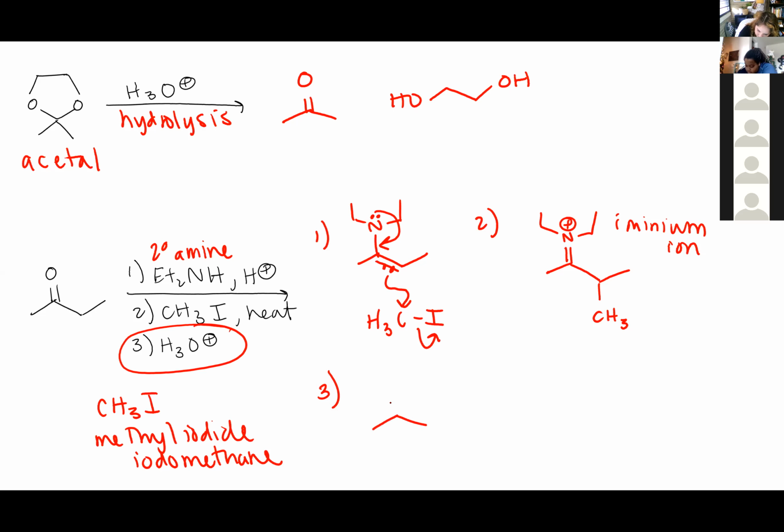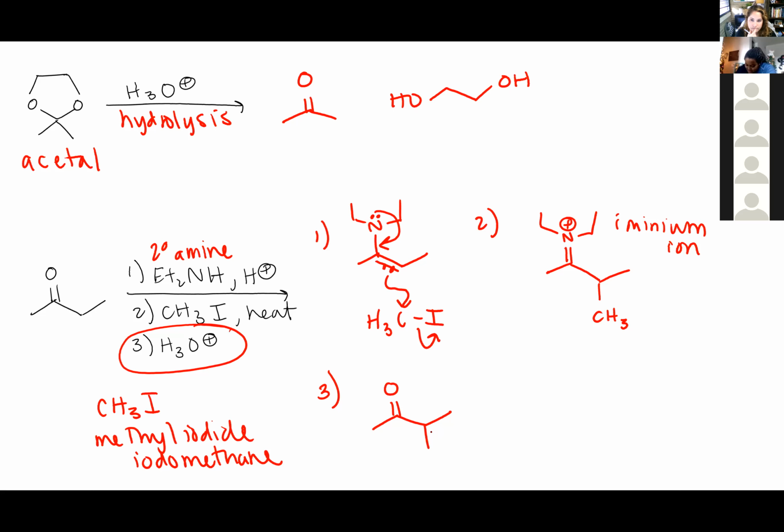So basically, this is a fun way of adding on a methyl group. What's the name of this process? Is it the Robinson? No, you're a little ahead. That's in chapter 19.